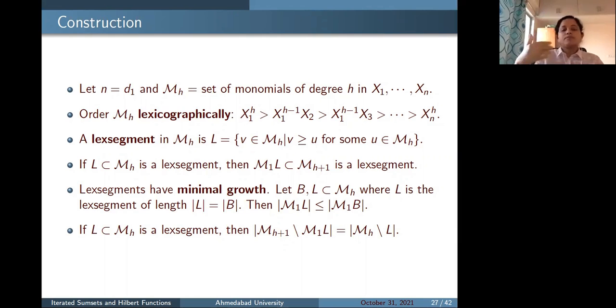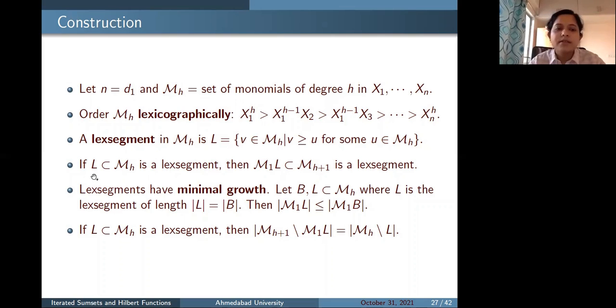Now, there is a concept of a Lex segment in the set of monomials of degree h, which is those monomials v of degree h such that v is greater than or equal to u for some u in M_h.